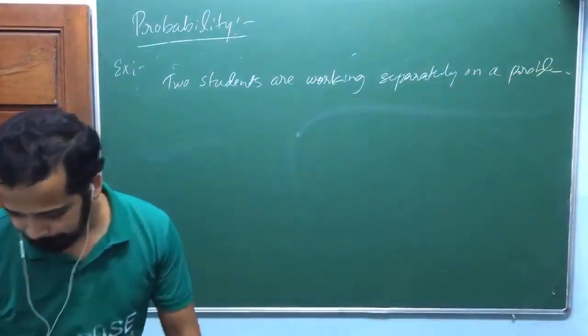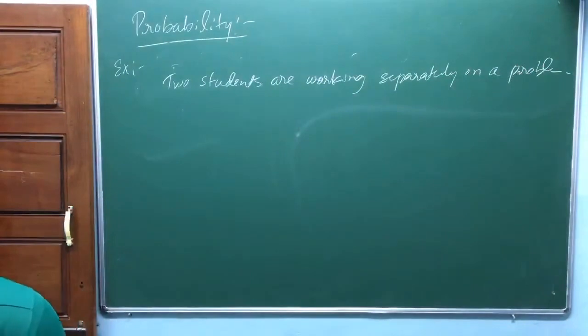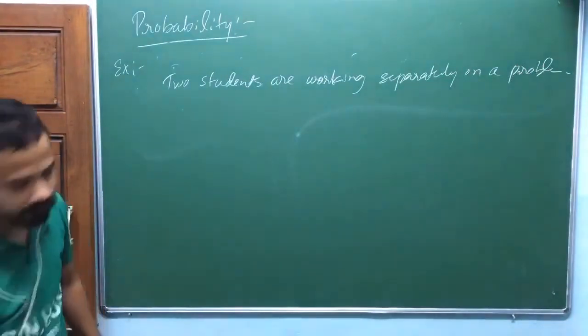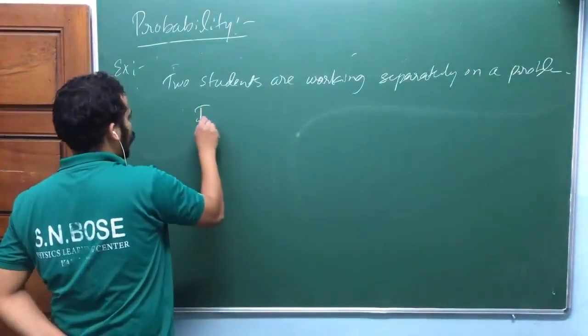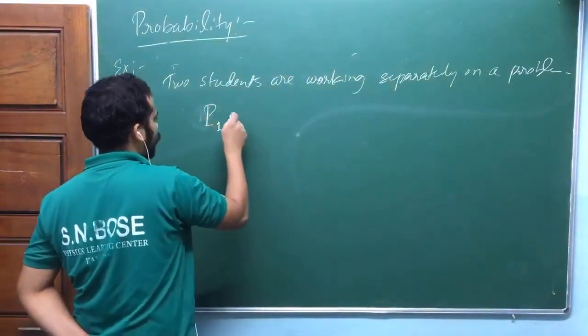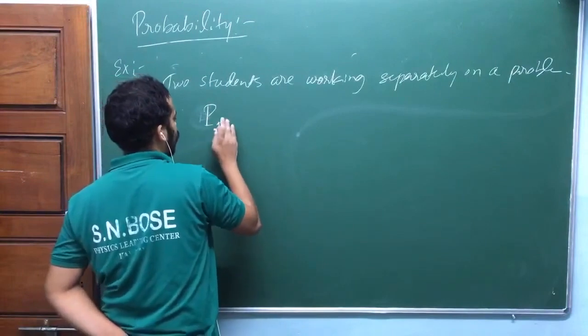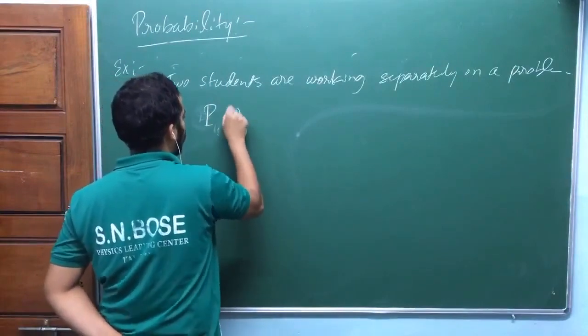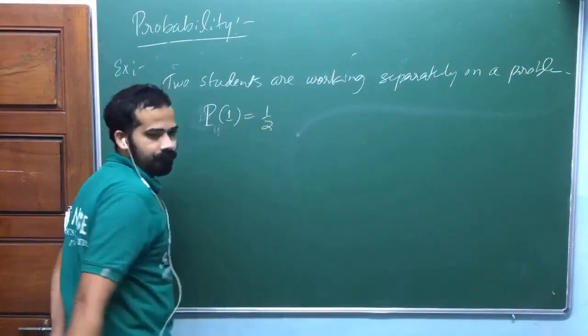Okay. The first student has a probability of half of solving it. So can I write P1 is equal to half?